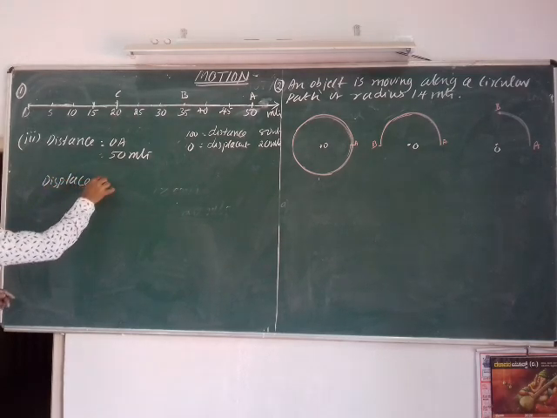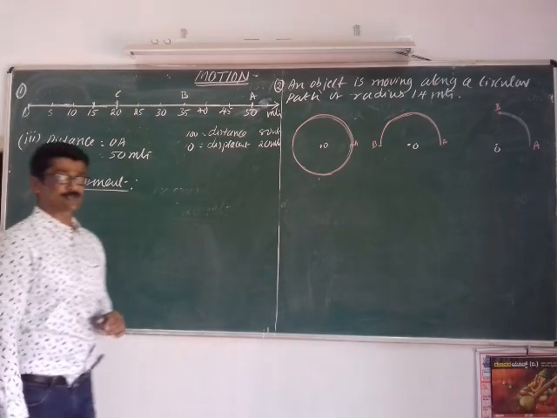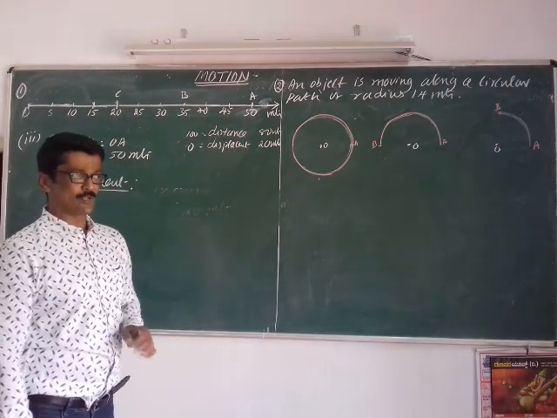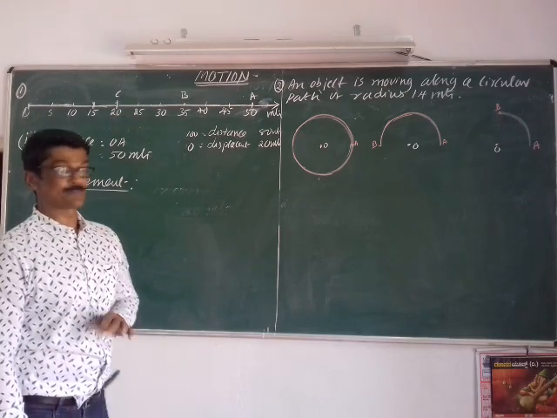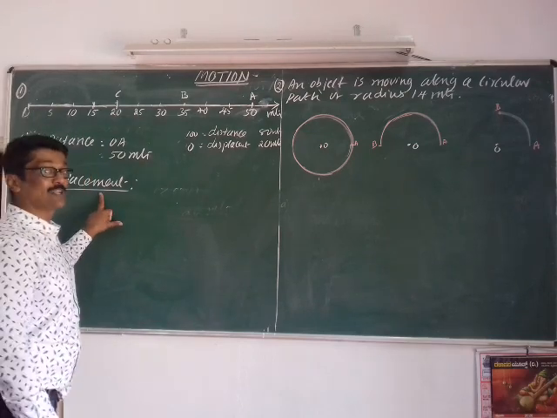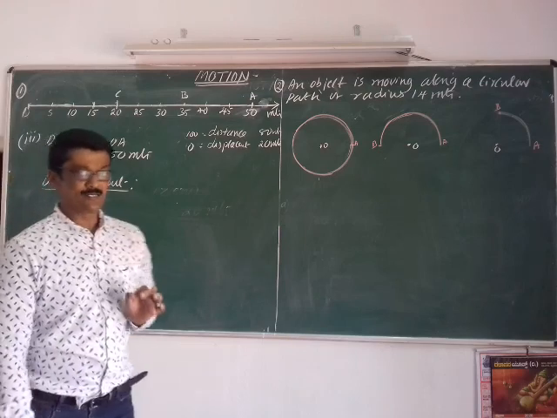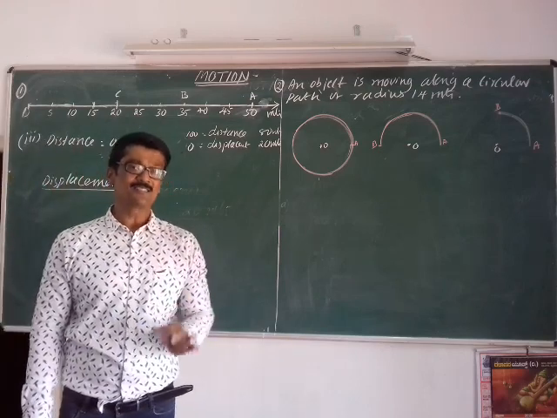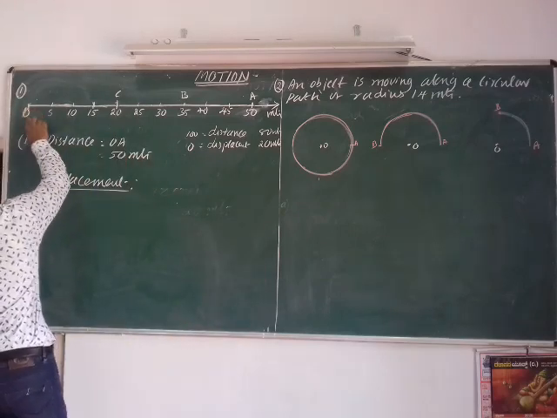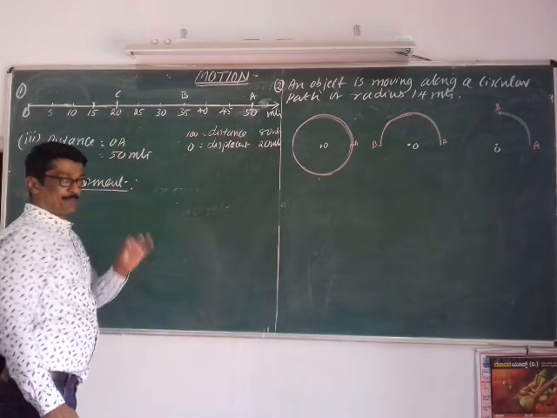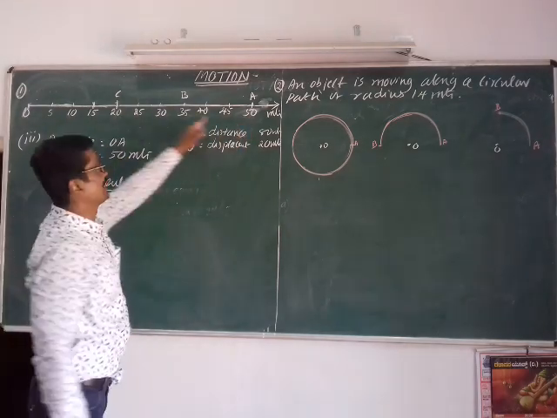Displacement is how much? What is the definition for displacement? While solving every problem, you have to recall the definition of distance travelled and displacement. Displacement is shortest path between initial position and final position. Dear children, shortest path is straight line path only. So here, from O to A, the shortest possible path is the straight line itself.